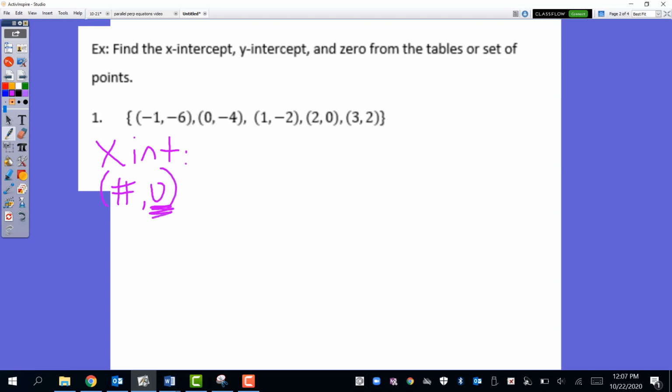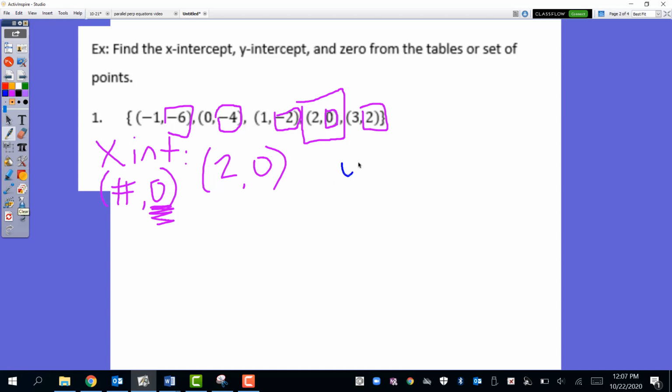I'm looking for 0 as the second number in these points. Do I see any of them that are 0? This one right here. So this is my x-intercept, and I'm going to write 2, comma, 0.